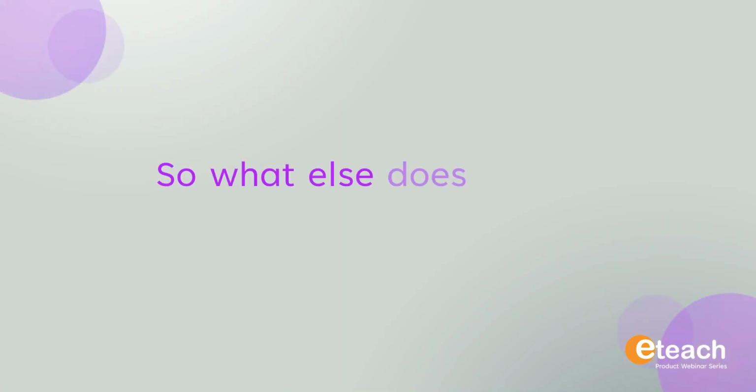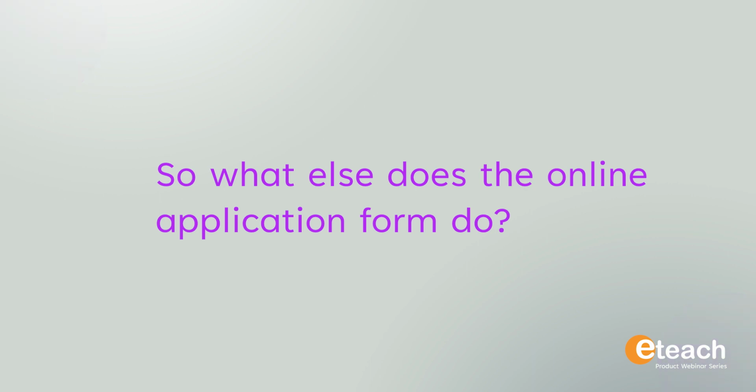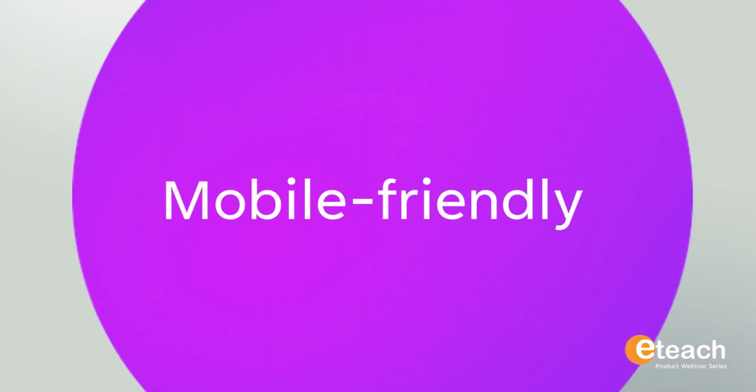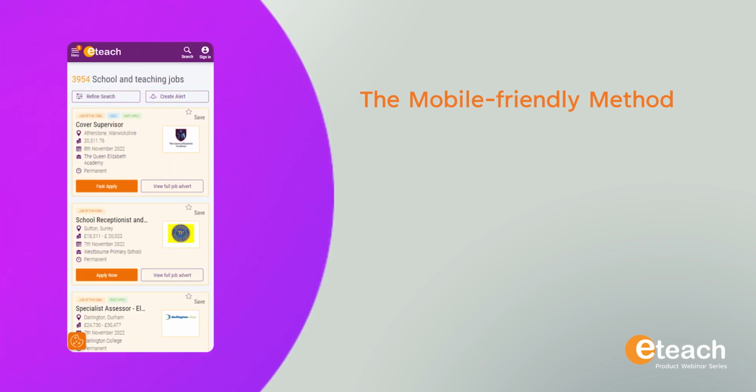So what else does the online application form do that your Word form might not, if you're using a Word form? Our online application form is mobile friendly. What we have seen day to day, month to month, even year to year, candidates are looking at their mobile phones when wanting to apply for jobs.